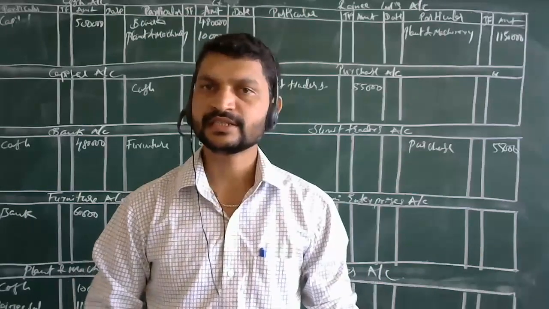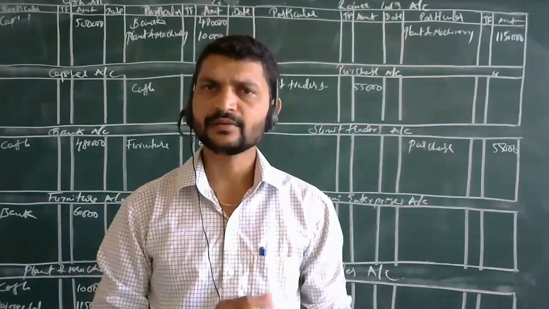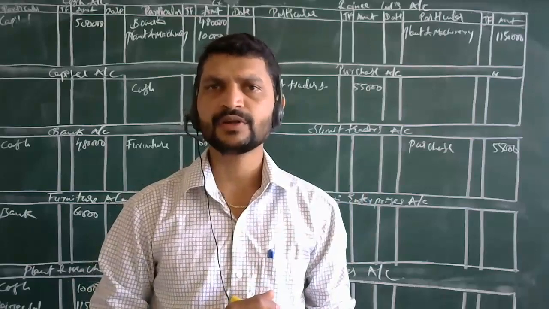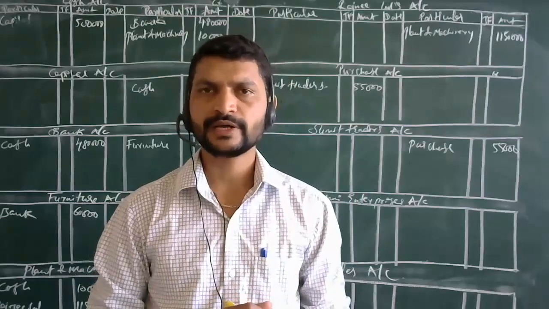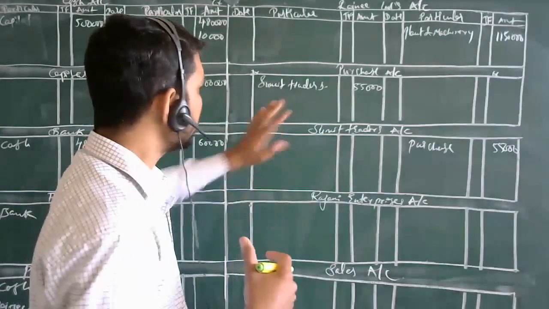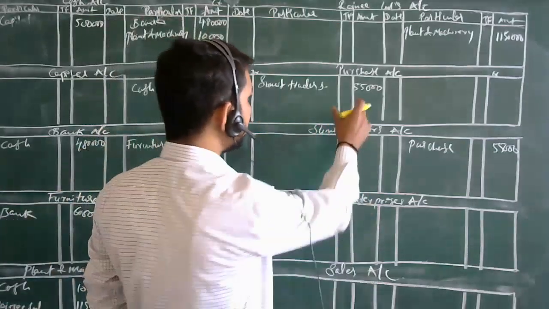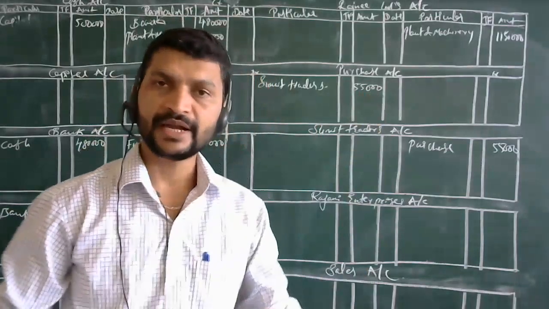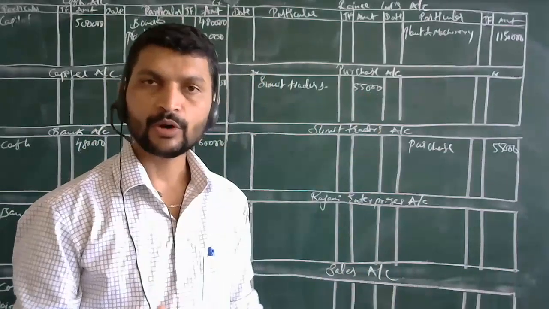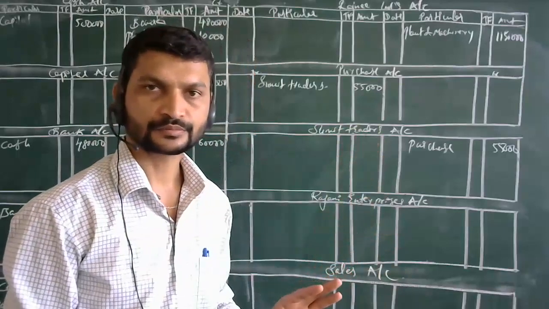In the journalizing, what we have learned previously, in journal entries, finding any entry there, the balance amount and all, is very difficult. For that purpose, we open the ledger account. Why, for what purpose? To know the difference, or the pending amount, or receivable amount, or payable amount. Very easily you understand over here.